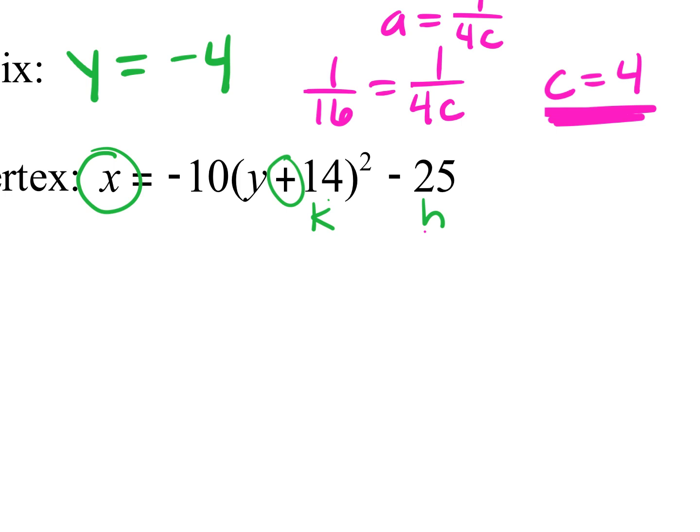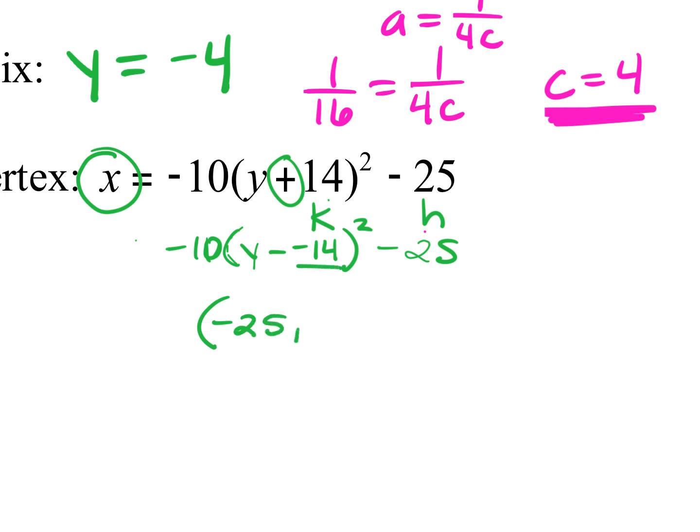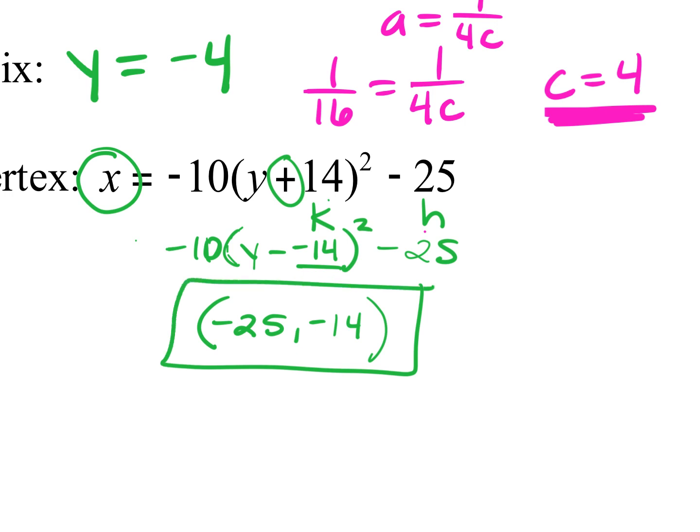So really it's like saying -10 times y minus a -14 squared minus 25, right? So your h is -25 and your k is -14. So just keep that in mind. Inside the parentheses should be opposite. Outside should be the same as what you see. Okay?